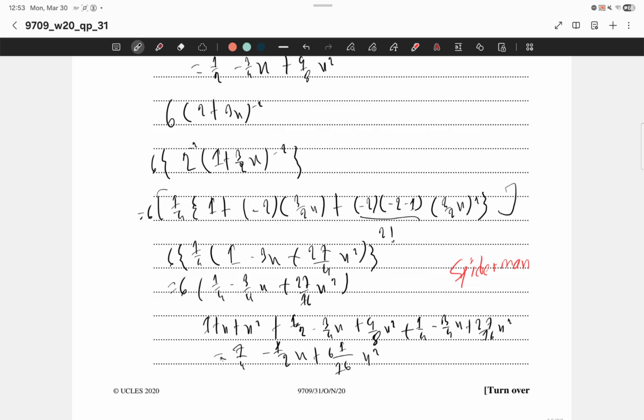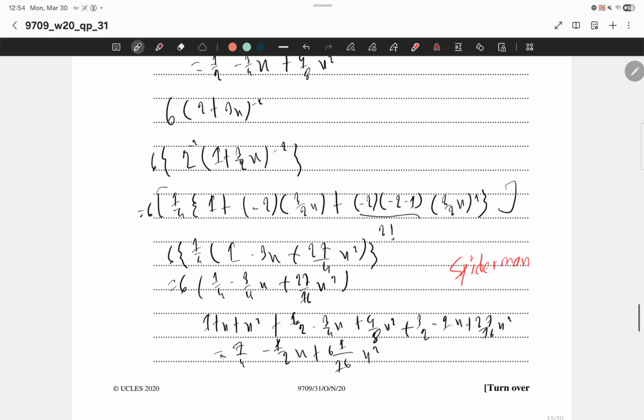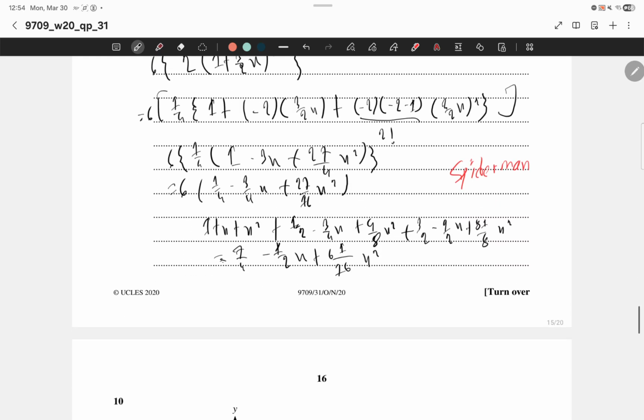So we multiply it with 6, we get 3 by 2 minus 9 by 2, 81 by 8. So we finally get what the mark scheme said.